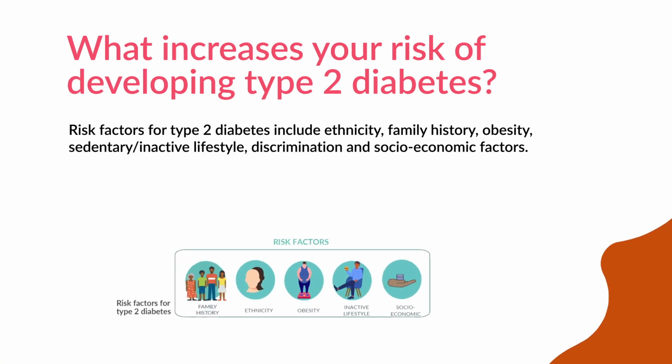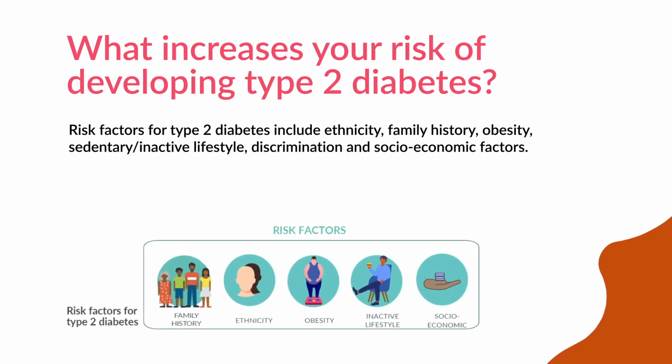Risk factors for type 2 diabetes are ethnicity, family history, obesity, an inactive lifestyle, discrimination, and socio-economic factors. Some people have higher risk of developing type 2 diabetes. This includes Aboriginal and Torres Strait Islander people and people of Southeast Asian and Indian descent.